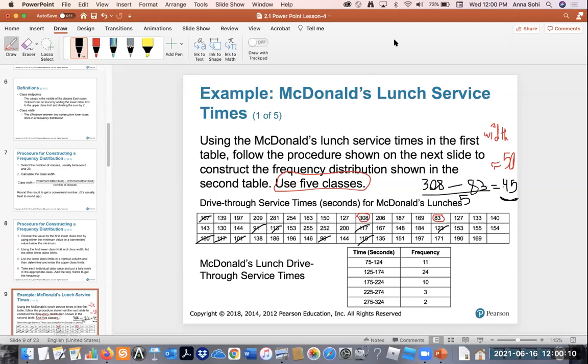Which one did I miss? I'm sure you guys got it. Oh, 83. Yes, you're right. 11. So that's why it's 11 numbers in the frequency.